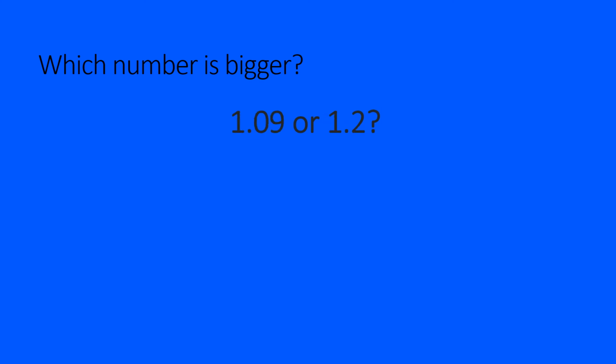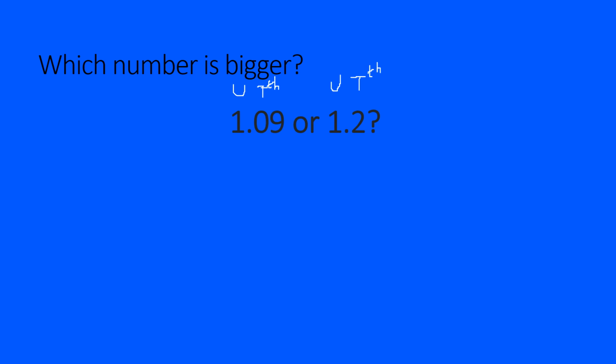Okay, what number is bigger, 1.09 or 1.2? Remember, we start off by comparing the values in the leftmost column. In both numbers, the leftmost column, which is the units column, is 1. They're both equal, so we move on to the next column, which is the tenths column. The first number has 0 in the tenths column. The second number has 2 in the tenths column.